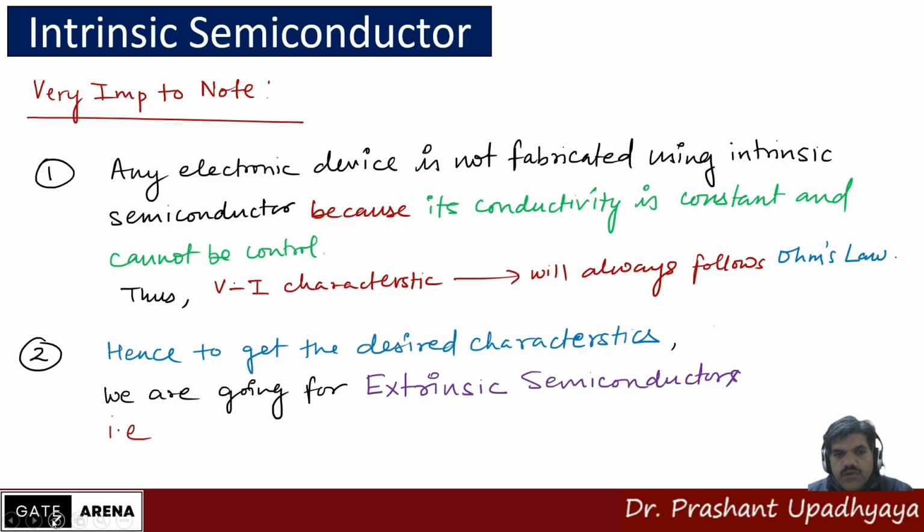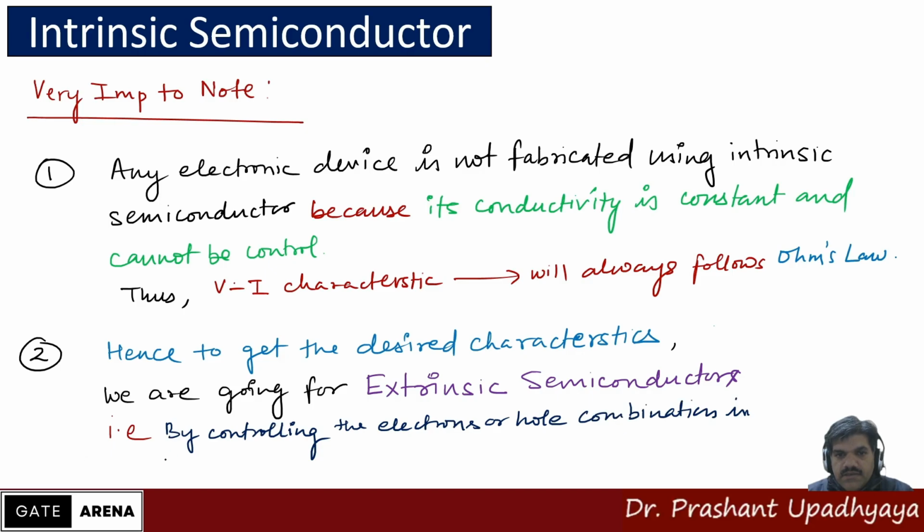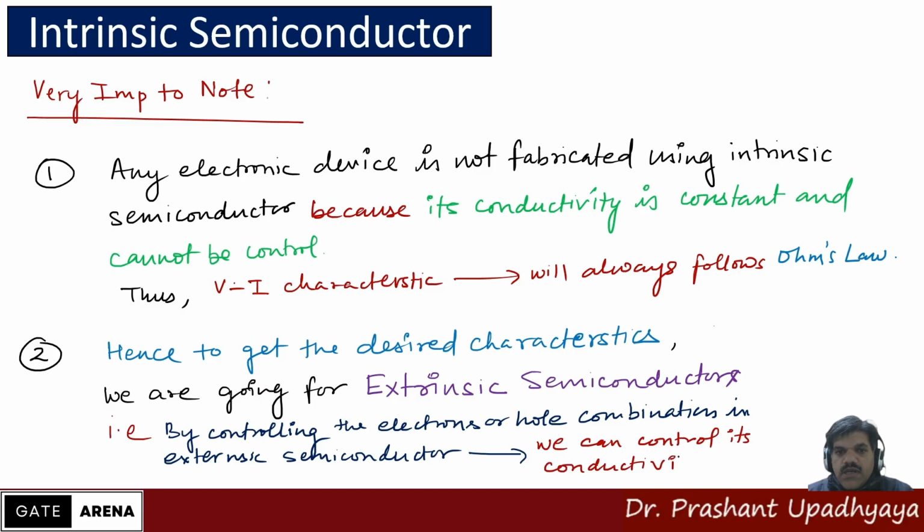That is, we can get the desired characteristics by controlling the electrons or holes in the extrinsic semiconductor. That is, we can control its conductivity by controlling the number of electrons and holes in an extrinsic semiconductor.